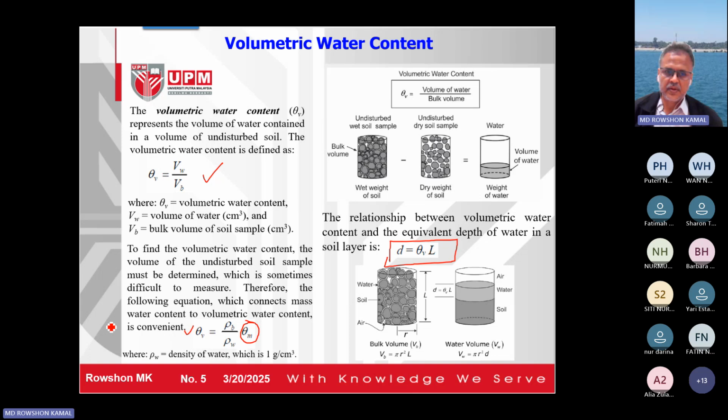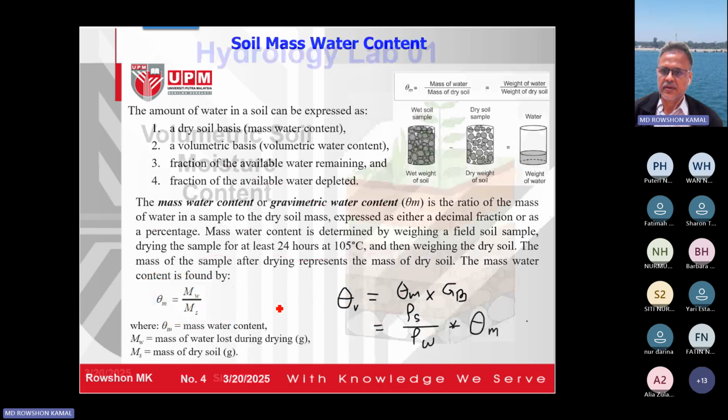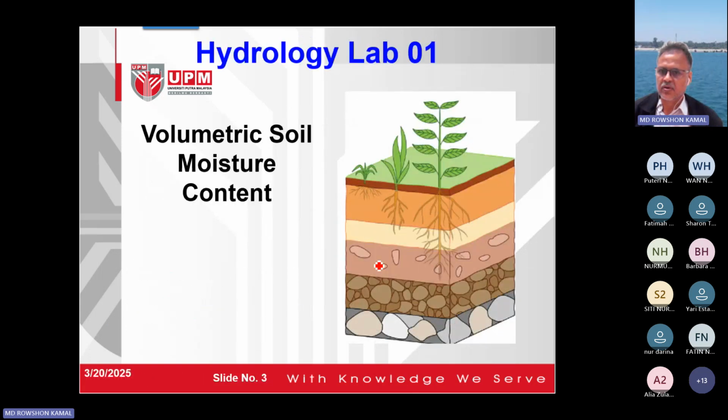Okay, but one of the questions is here. Let's say this is the soil column. Now, let's say this is the root and this is the root. Let's say from this root to this root, here, this depth, let's consider it z.